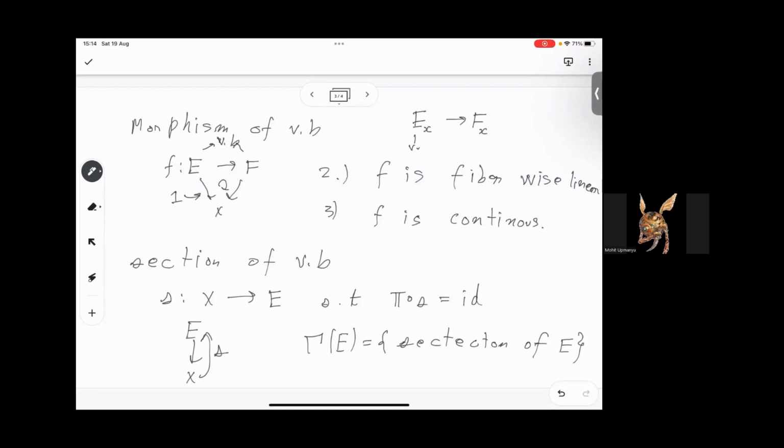And the first condition says the diagram commutes. So that means the fiber of E above x and of F above x will map to each other. Since both are vector spaces, we demand that that map be linear. So that's what the condition means.